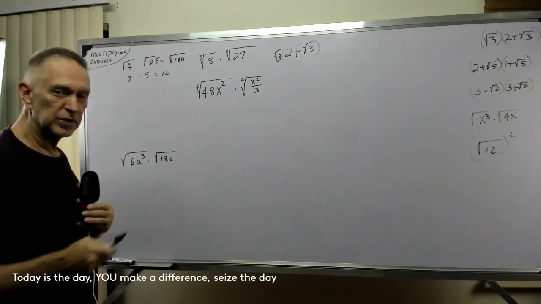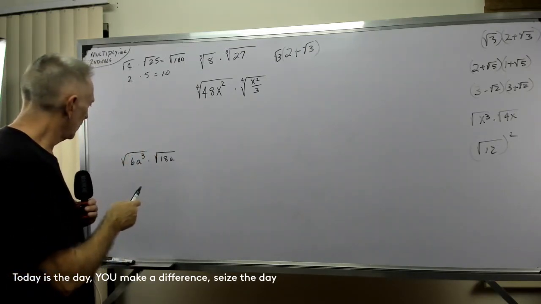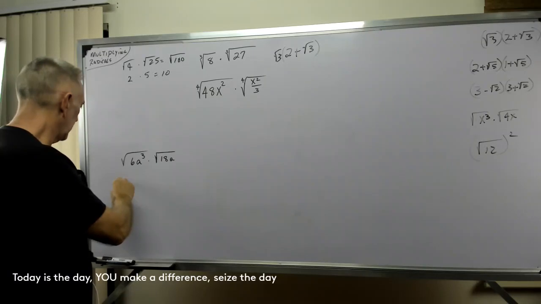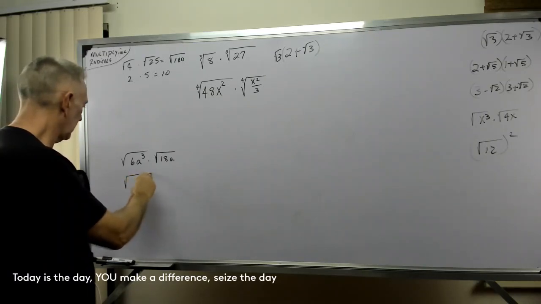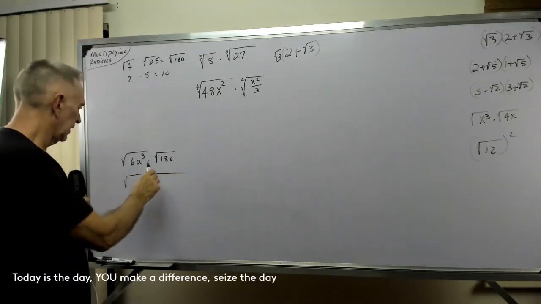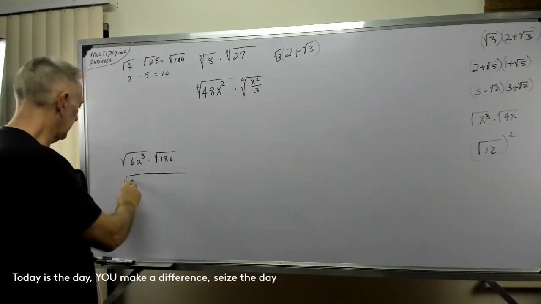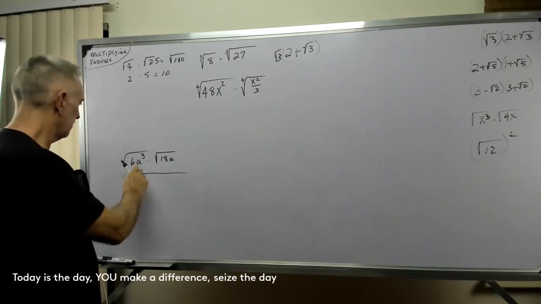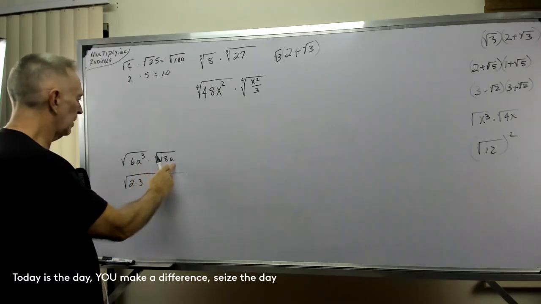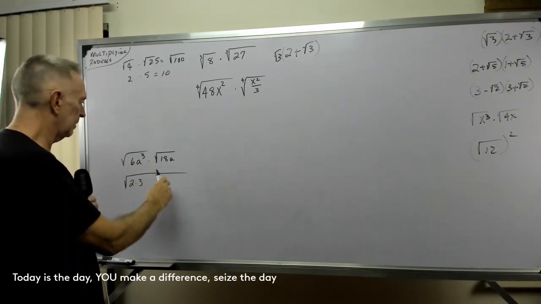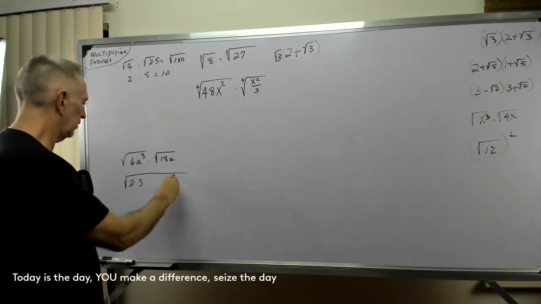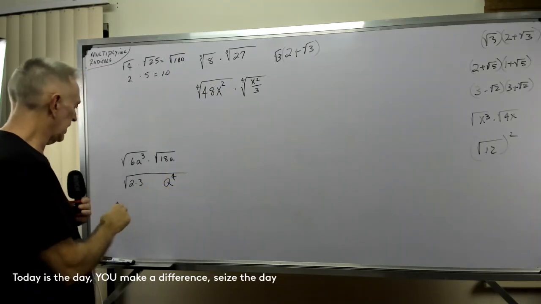Let's put these together. Let's just say we've got a big square root sign here. 6 could be 2 times 3. A cubed, I'm going to multiply it times a, which would give me a to the 4th. We'll move it kind of to the end.